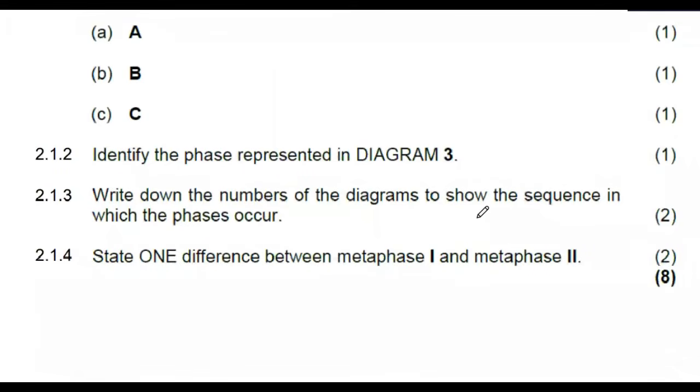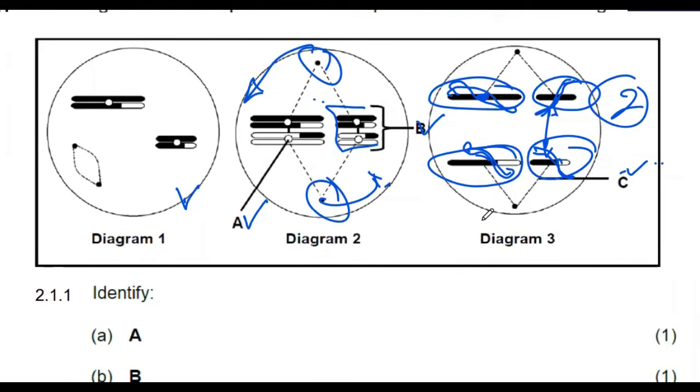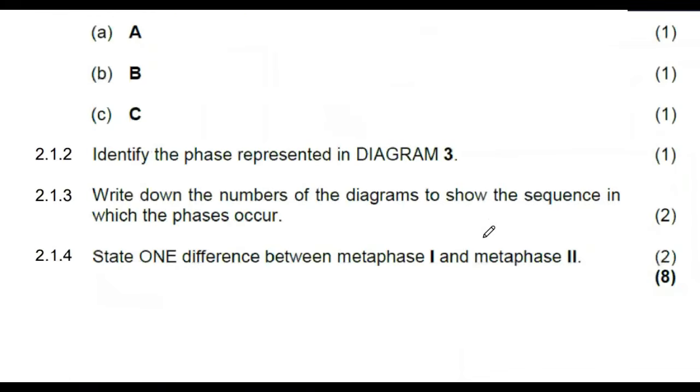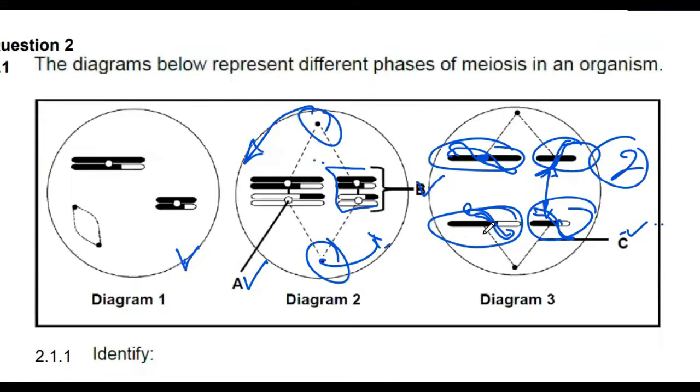Then they're saying write down the numbers of the diagrams to show the sequence in which the phases occur. Basically, we have to look for meiosis 1. The chromosomes are supposed to be in homologous pairs.